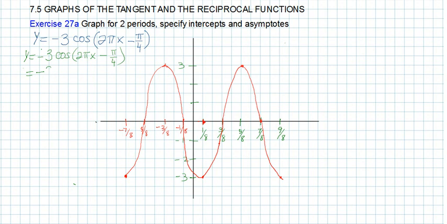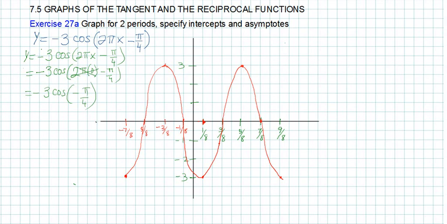So I have -3 cosine of 2 pi times 0 minus pi over 4. So the first part is 0 right there. So now I have -3 cosine of negative pi over 4.